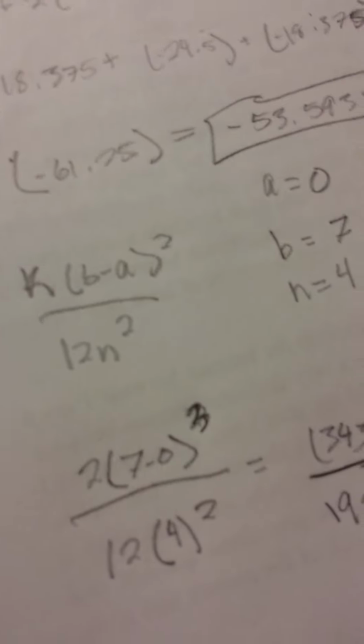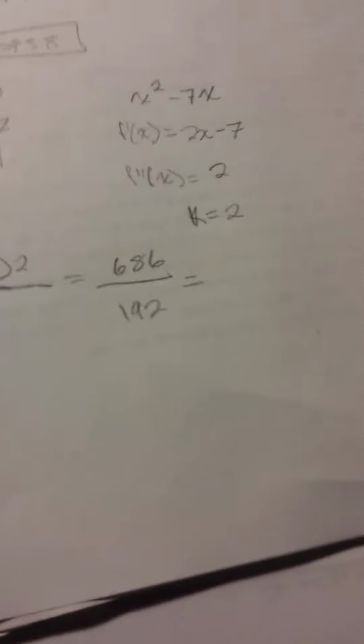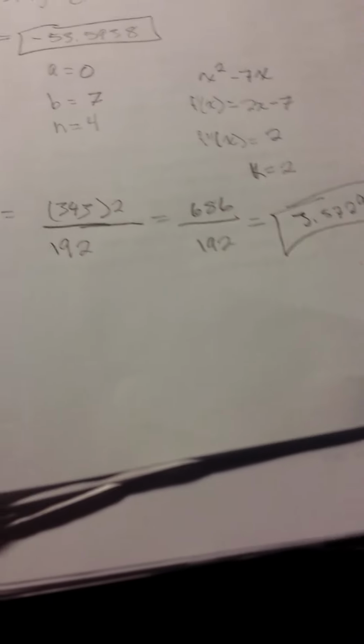Then you multiply this 343 by the 2, and you get 686, all over 192. You simplify this to get a number, and it is 3.5729. So this is your approximate error.